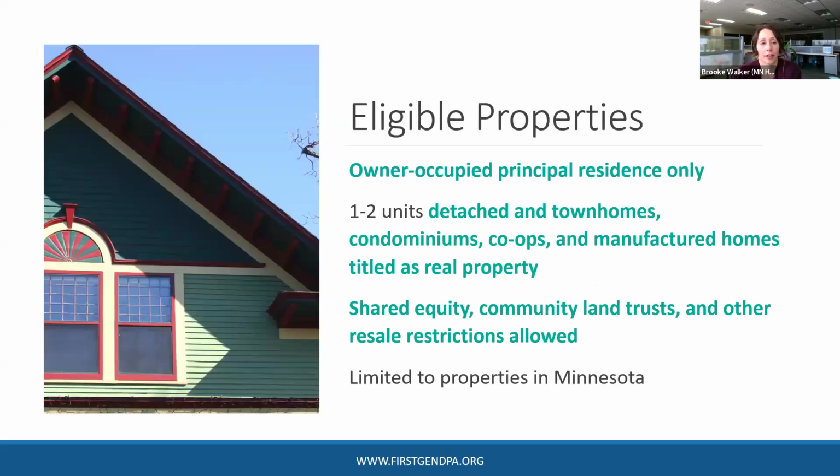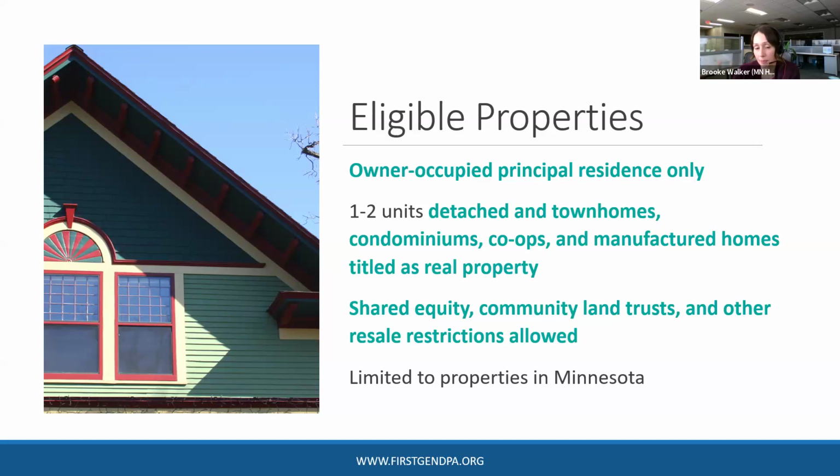So what properties are eligible? Once again, it does have to be an owner-occupied principal residence. The best practices say 3 to 4 units. For a variety of reasons, this program will be 1 to 2 units. However, it can be detached homes, townhomes, condos, co-ops, manufactured homes titled as real property, and it also can be used with any form of shared equity.